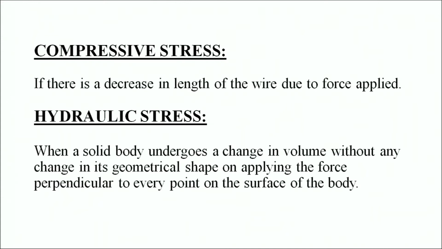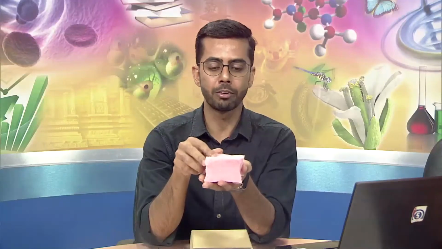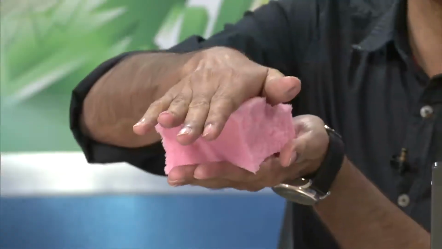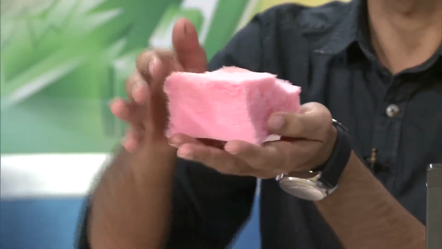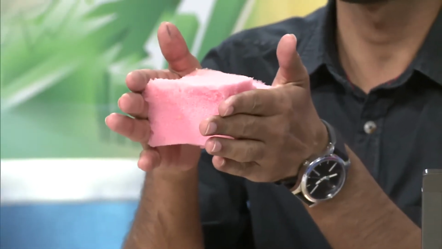Through the statement, we can see that taking the example of a sponge, there is no change in the volume if we try to apply a normal force on every side, or can say every surface of this sponge. But the geometrical shape does change.